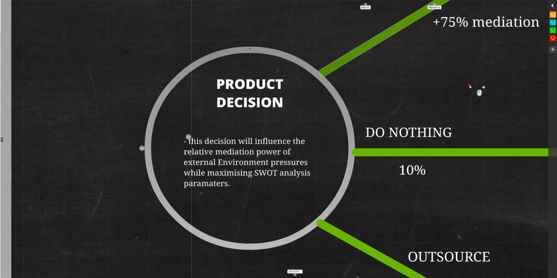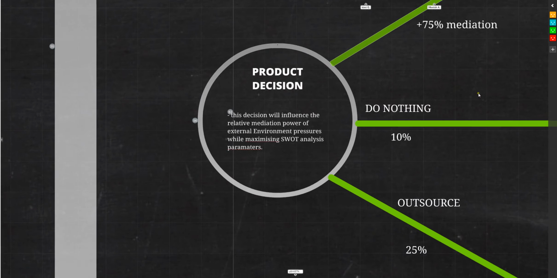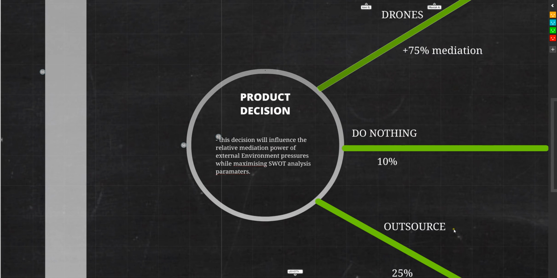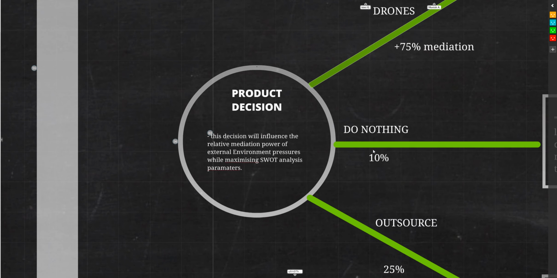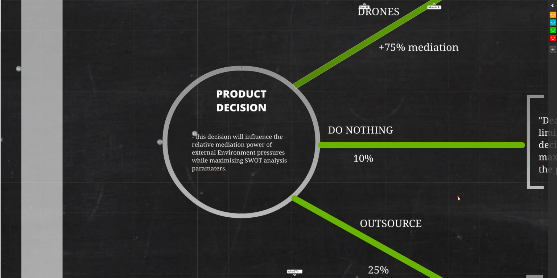Our three different options go as follows. We have do nothing, and it has a 10% median power of mediating the external environment and maximizing the SWOT analysis parameters. So it's a general improvement of 10% on just relative business strength.